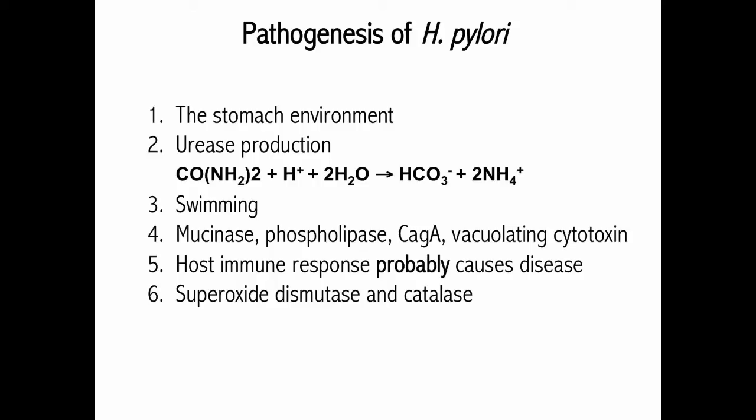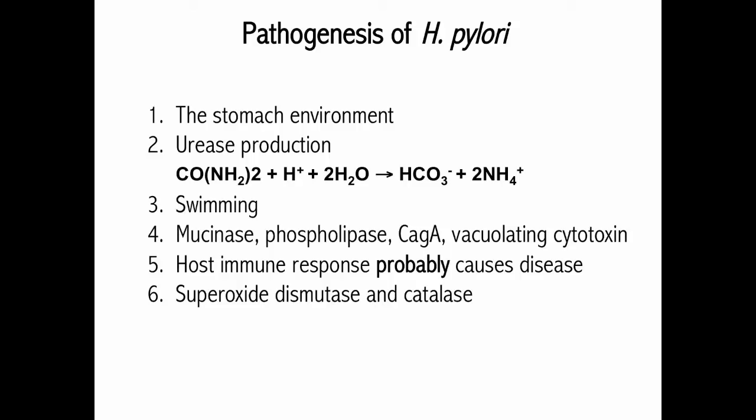There are lots of diseases which are basically the manifestation of perturbation or loss of homeostasis in the immune response. You can think about a number of hepatitis diseases which are caused by inflammation. Some types of liver cancer are caused by chronic inflammation. There are lots of examples of diseases caused by perturbation of the immune response, and that's mainly how we're going to look at the diseases. We won't look too much at the effects of phospholipase, CagA, and vacuolating cytotoxin.